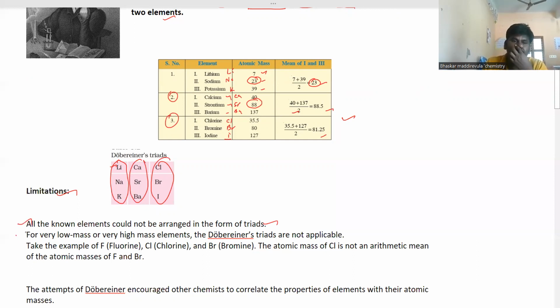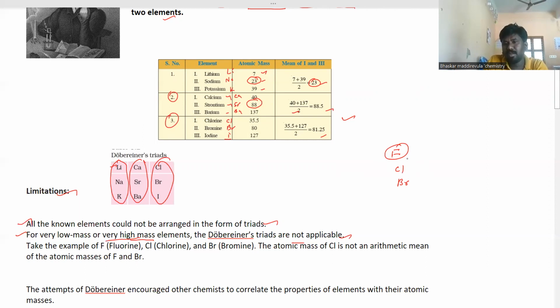Okay. Next, the second limitation. This Dobereiner triad is not applicable to elements with very low atomic masses and very high atomic masses. For example, we can't make these elements into a triad: fluorine, chlorine, bromine. You see the atomic masses.